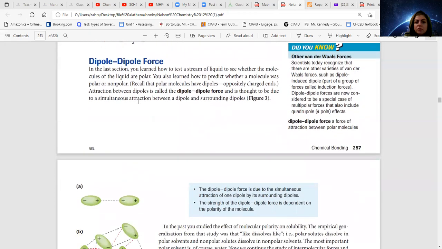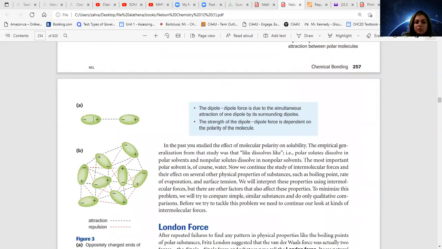So we're talking about dipole forces. Dipole forces occur when you have a polar molecule, like HCl, which we did talk about. It's like a magnet. Electrons spend more time around Cl than H. Right? It has a partially positive side and a partially negative side.